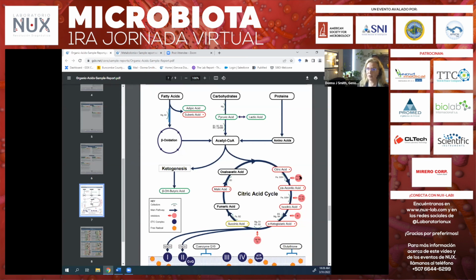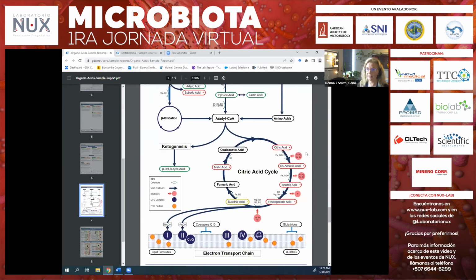But here in the pink bubble, we also have inhibitors that it may be possible are stopping the progression along the pathway, and these are mainly your heavy metals. So whenever I see an elevation across the board, like we see here with the citric acid cycle, I'm really thinking about a couple of things.